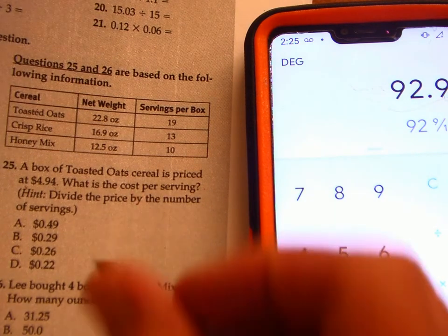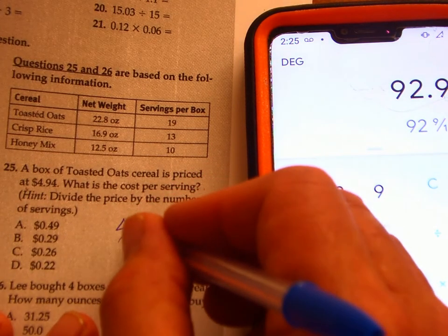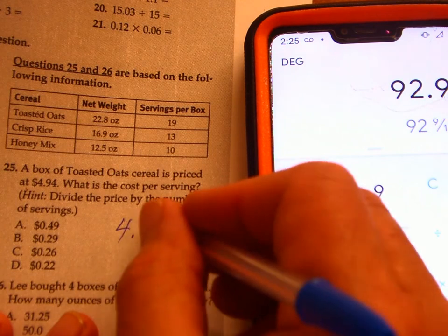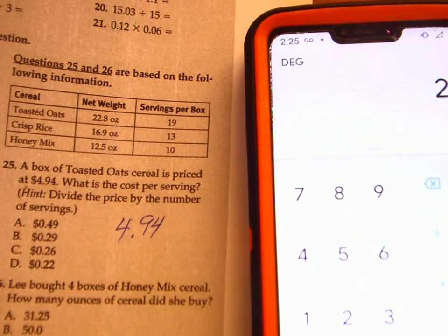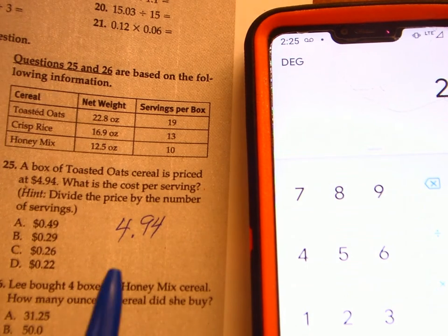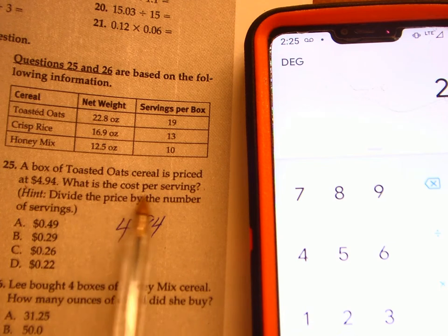Okay, so we know it costs $4.94. Now, if that was one serving, then the serving is $4.94, right? But if you can get 2 or 3 or 4 servings out of that box, it's going to lower the cost of how much each serving is. So what is the cost per serving?